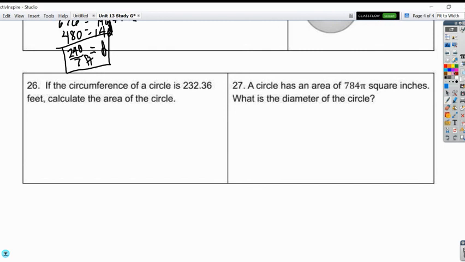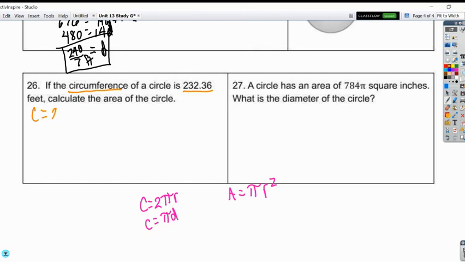Lastly here, we're dealing with some formulas, so let's make sure that we've got circumference is 2 pi r, circumference is also pi d, and area is pi r squared. Make sure you have those at the ready to work through these. So in 26, the circumference of a circle is given as 232.36.